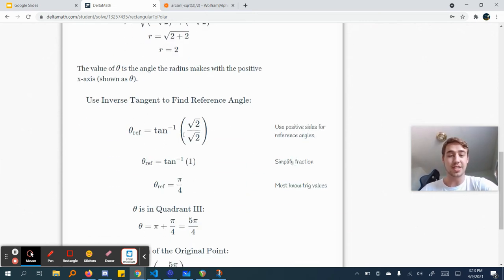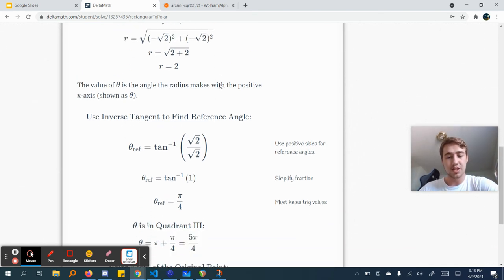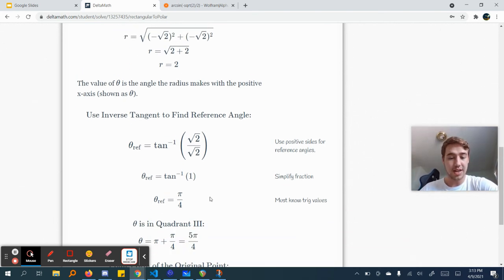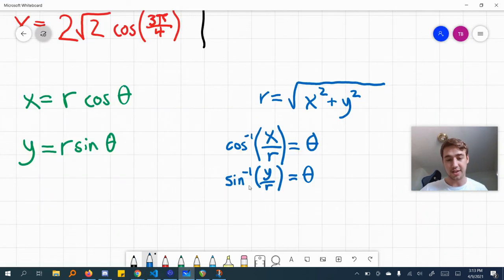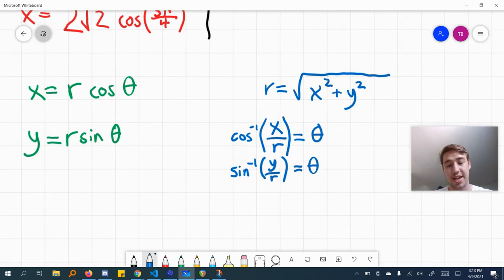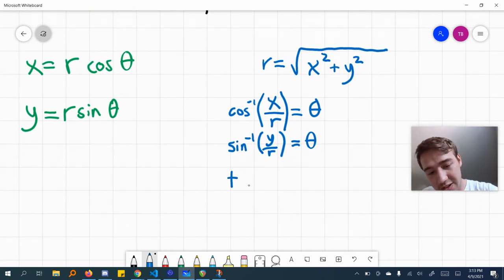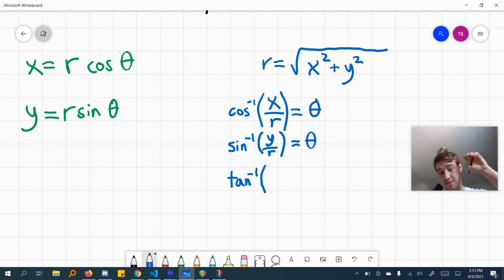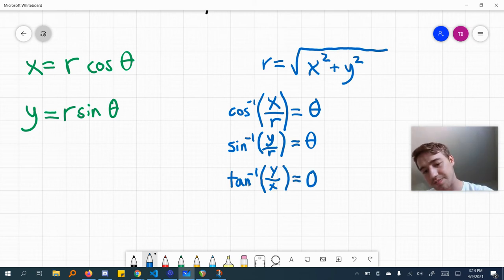So right here, we find the reference angle. I guess you could actually use an inverse tangent, and that might be a little bit more reasonable. So I'll throw a third identity onto here. This instead could just say inverse tangent of, now real quick, I think that needs to be y over x, but I'm going to double check that because it's been a minute since I've seen these.